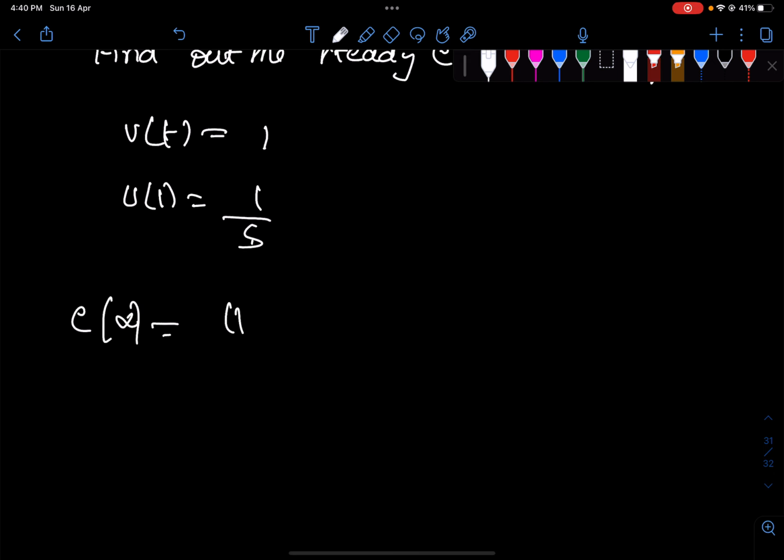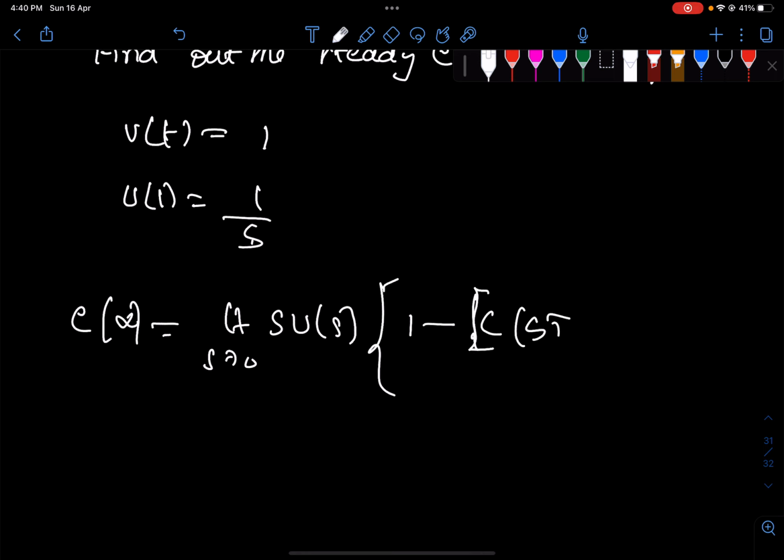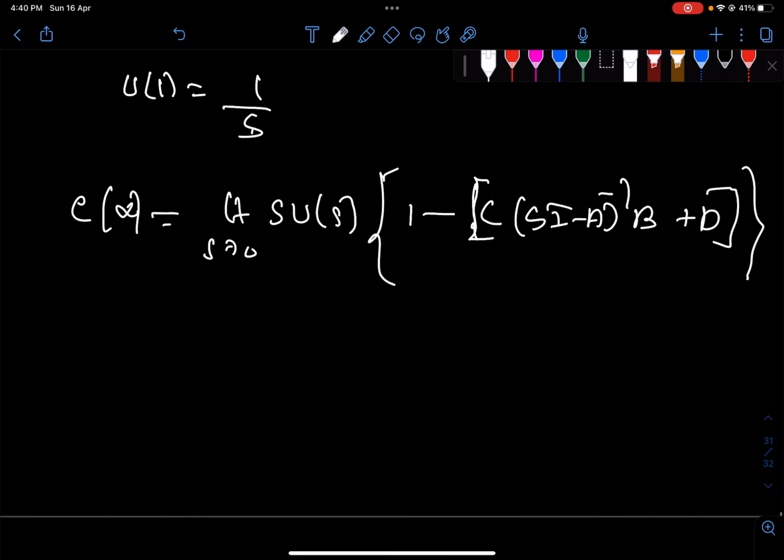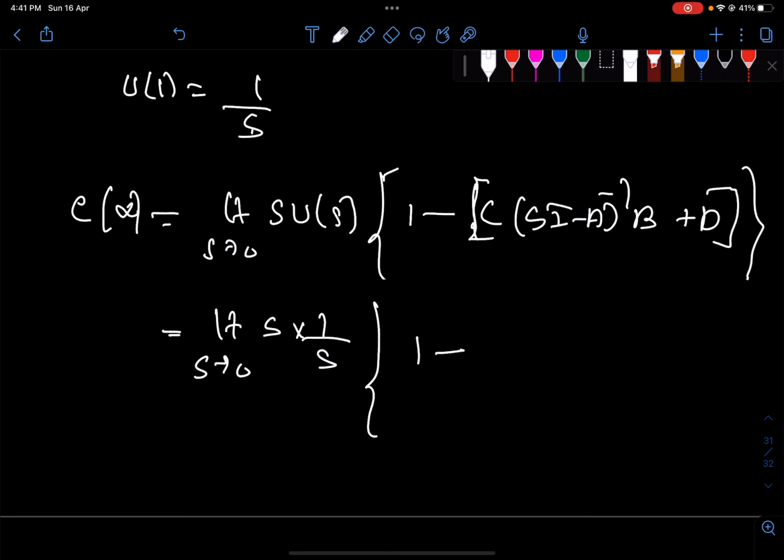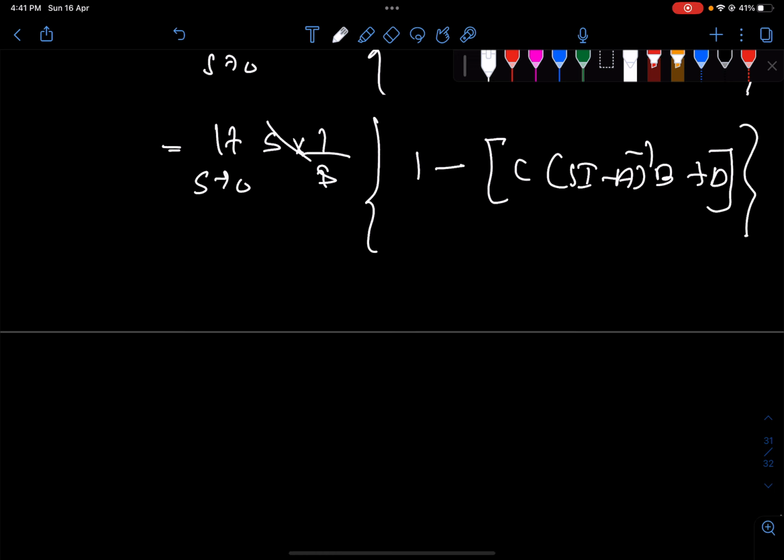So what is our equation? E at infinity is equal to limit s tends to 0, s into U of s, times 1 minus C (sI minus A) the whole inverse B plus D, right? So limit s tends to 0, s into 1 by s, times the bracket 1 minus C (sI minus A) inverse B plus D. So this s cancels.